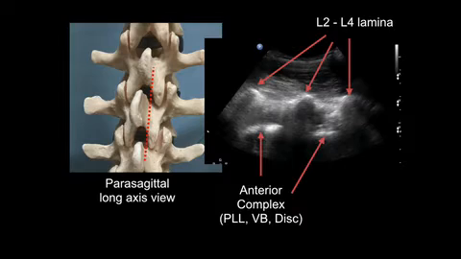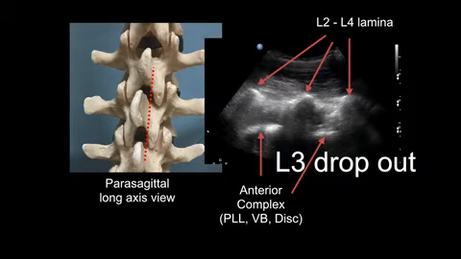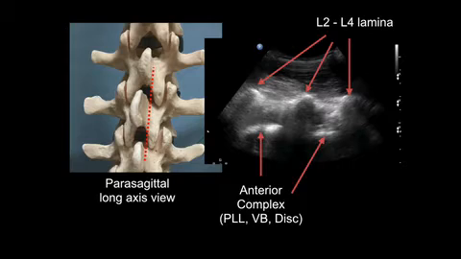You can see the lamina of L2, L3, and L4. You can see the dropout shadow beneath L3. Note the anterior complex is a hyperechoic linear structure that is found between the lamina. These would be considered open interspaces using a paramedian technique.